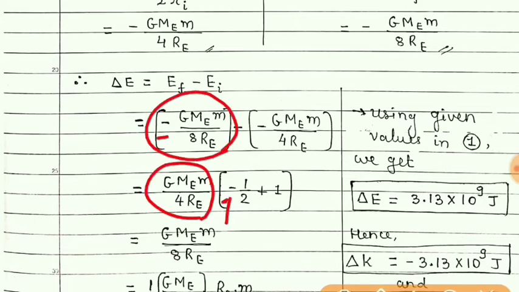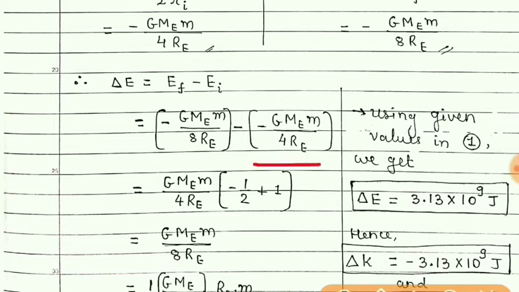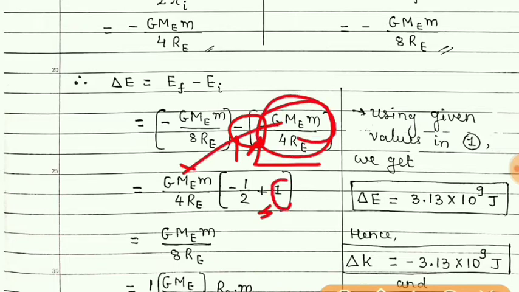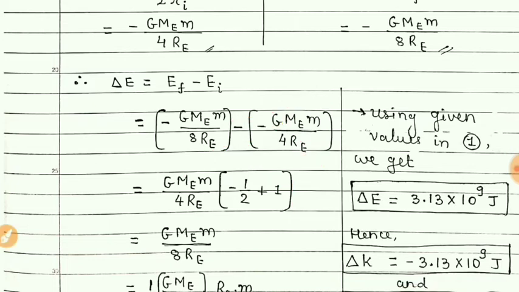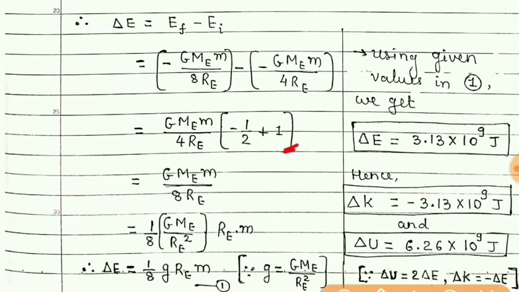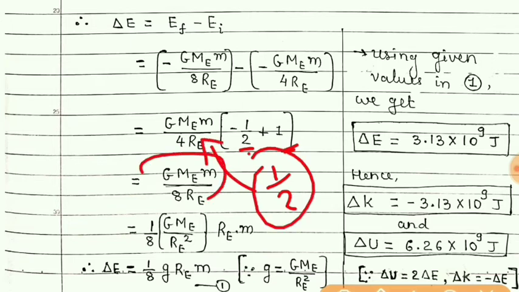Minus 1 by 2. And in the next term, as this is minus into minus, it will become plus here. So if this whole term is taken out, what remains? 1 remains. Now 1 minus 1 by 2 will be 1 by 2. So 1 by 2 into this will give you this as the change in the energy.